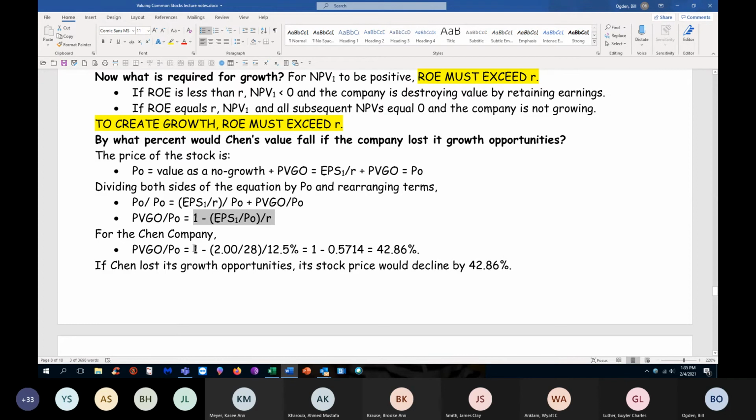And so if I fill this in, we know EPS 1 is $2. We know P0 is 28. We know R is 12.5%. You get 42.86%. So that's what part of my price comes from PVGO. So you can see then if the PVGO goes to 0, that is, if the company cannot grow, you would very much expect a share price reduction of 42.86%.